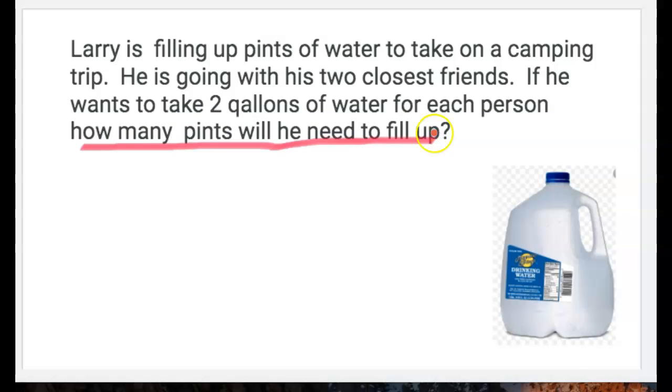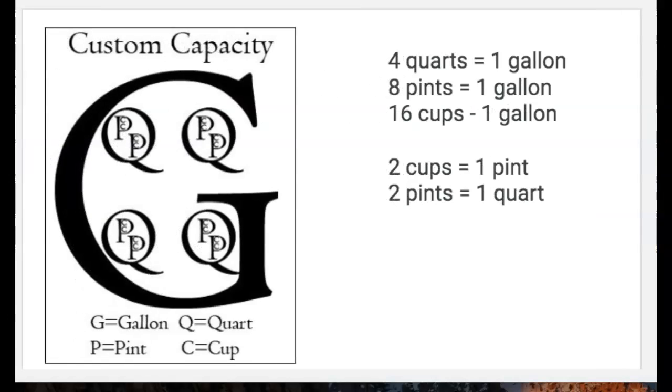Okay, what do I need to know? If he wants to take 2 gallons of water for each person. Okay, so it doesn't tell me how many pints he wants for each person, but it tells me he wants 2 gallons for each person. And then I need to figure out that amount in pints. So let's go back and look. How many pints are in 1 gallon? Well, 1, 2, 3, 4, 5, 6, 7, 8.